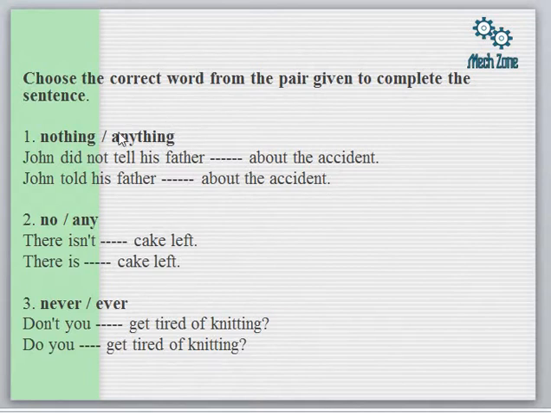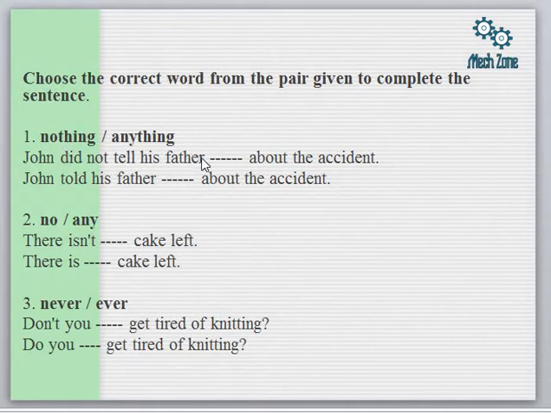So let's see which word fits best in the blank. John did not tell his father dash about the accident. So what we do is we'll first go by phonetics, because phonetics is the best way to observe which is the correct answer. So John did not tell his father nothing about the accident.